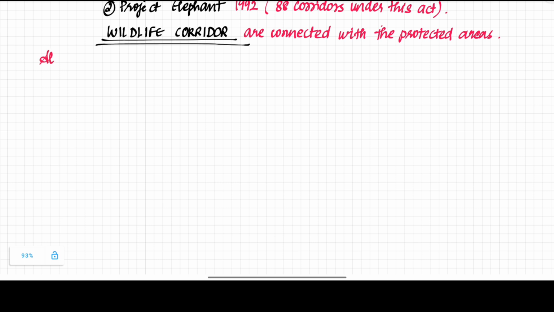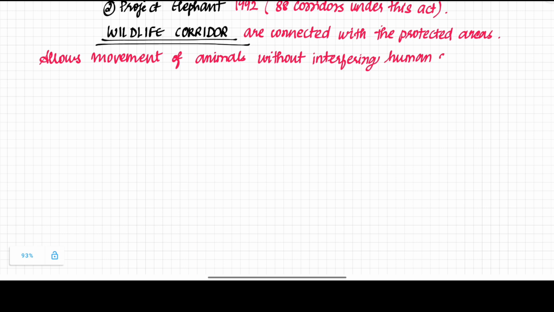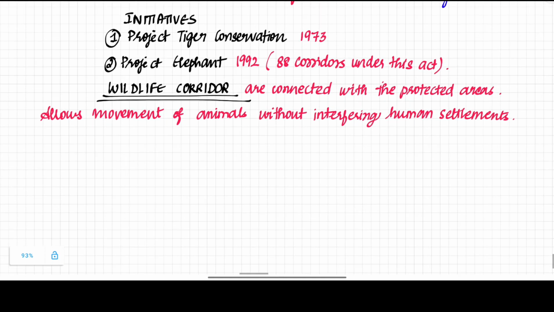It allows the movement of animals without interference from human settlements. This is what we call a wildlife corridor. So these are the things related to the Wildlife Protection Act.